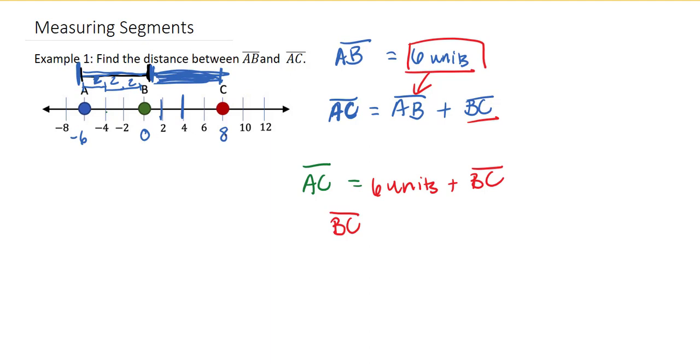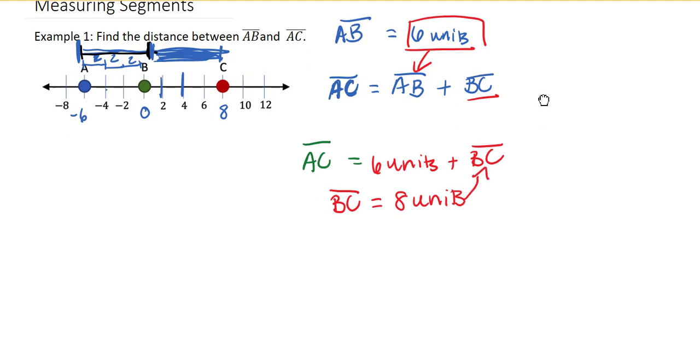To go from 0 to 8, it's 8. Or another way we can look at it is if we go up 2 plus 2 plus 2 plus 2, that is equal to 8 units.